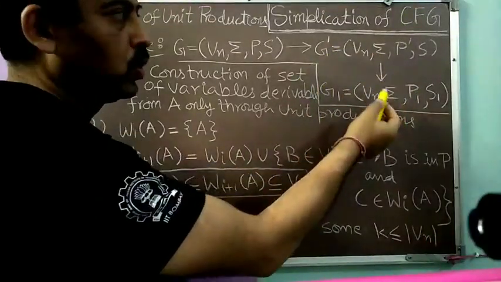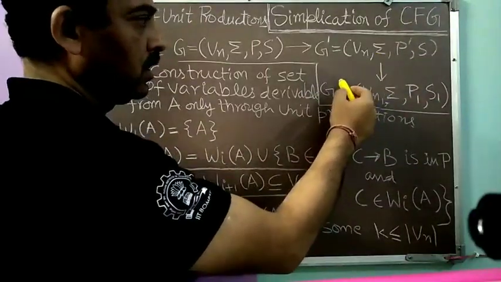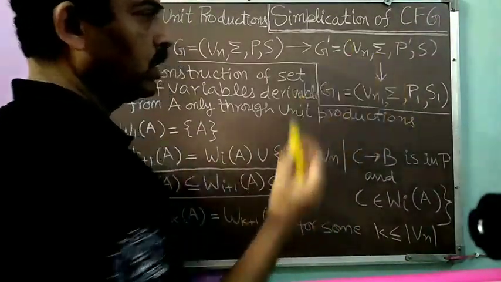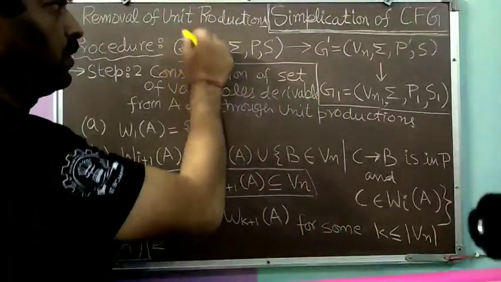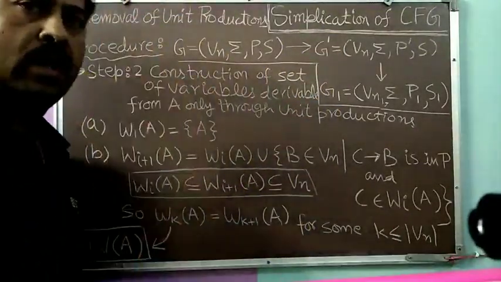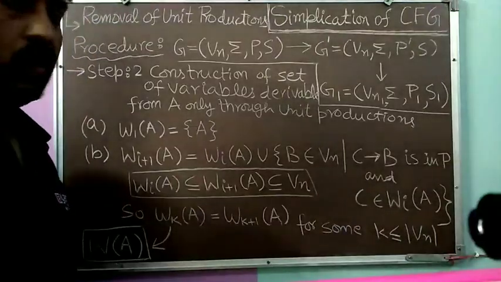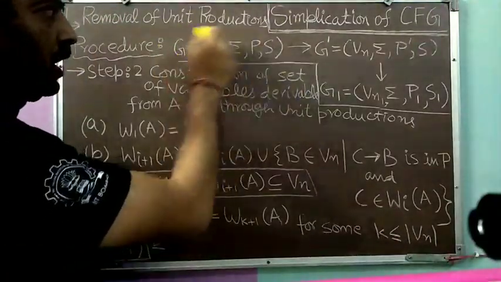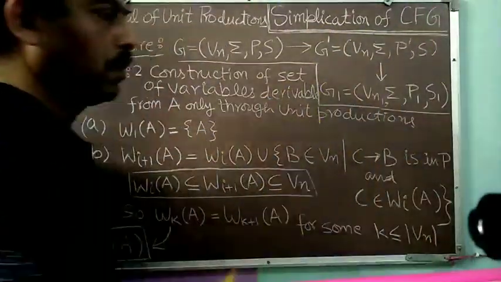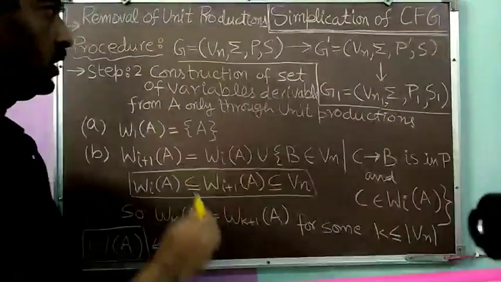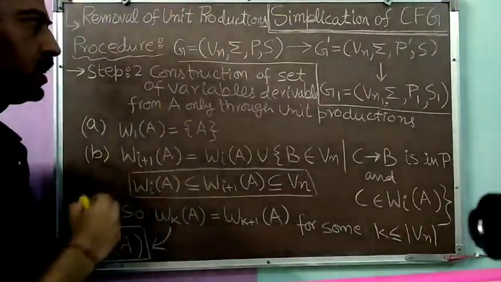If null belongs to L of G, then we convert it ultimately to G1. If there is no null production, then we have the original grammar G, and we perform step 2. So whether we have the grammar G, G dash, or G1 with us, over this we have to follow step 2.